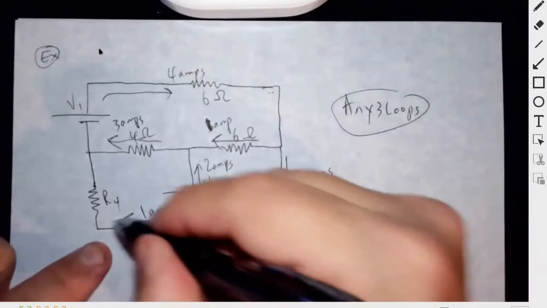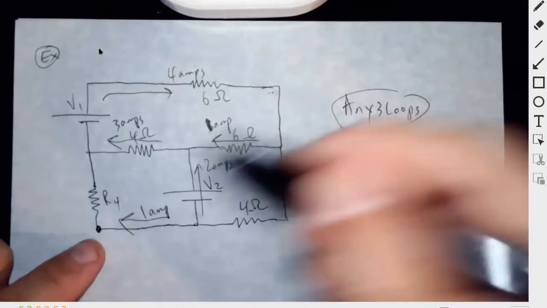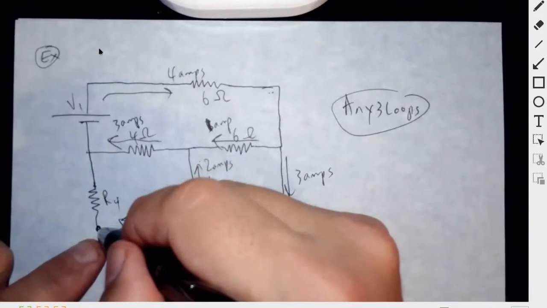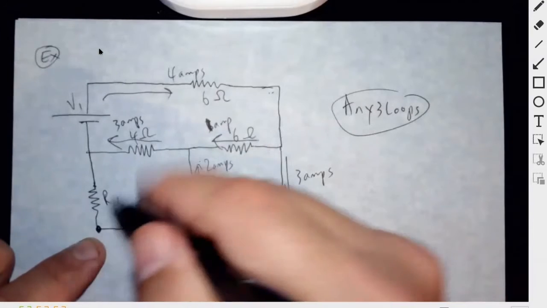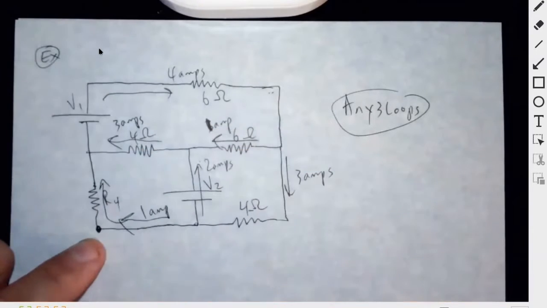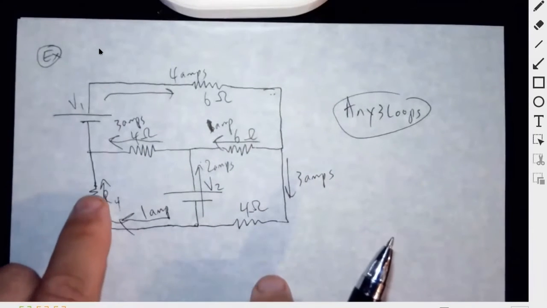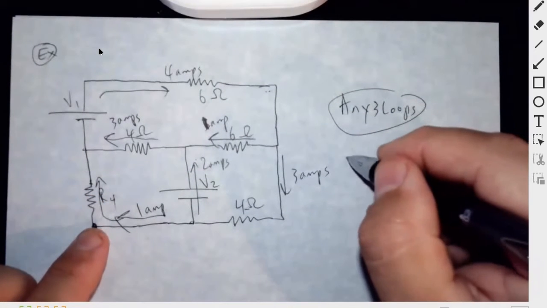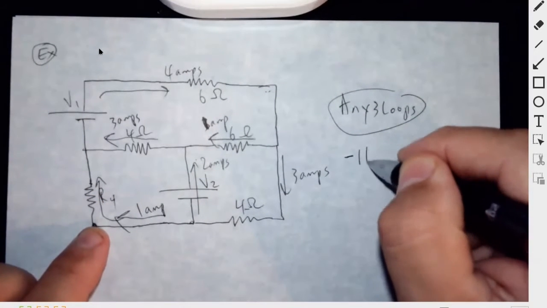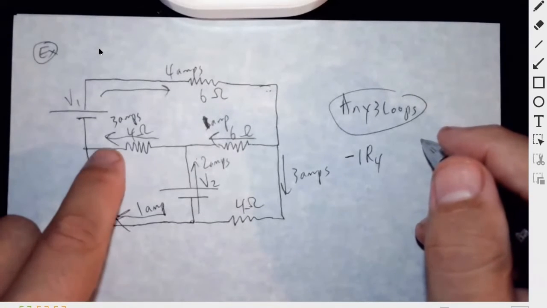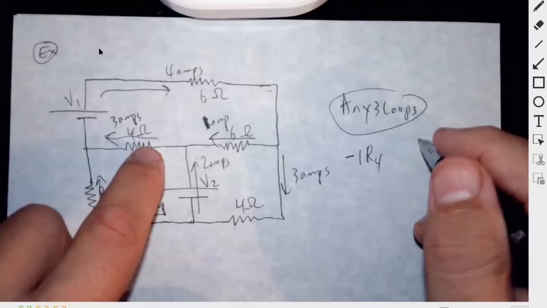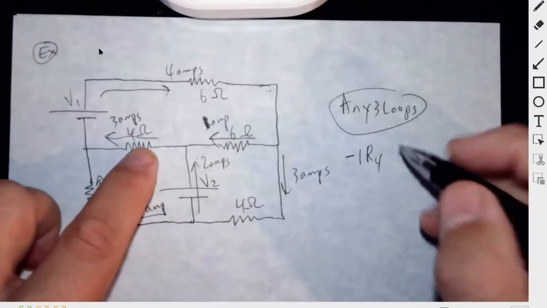So I could start here, go like this, that'd be 1 loop, right? So here, I'm gonna go with the current, so I'm gonna lose -1 times R4. I'm gonna lose voltage. Then I'm gonna go here against the current. I'm gonna gain voltage, right?